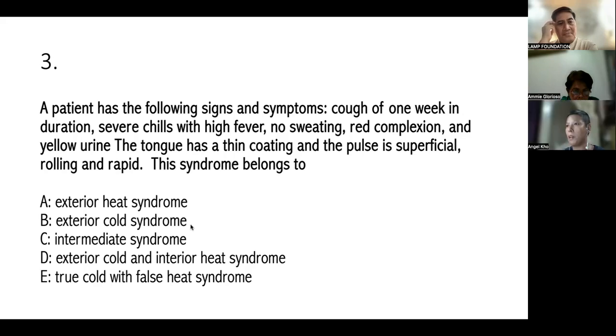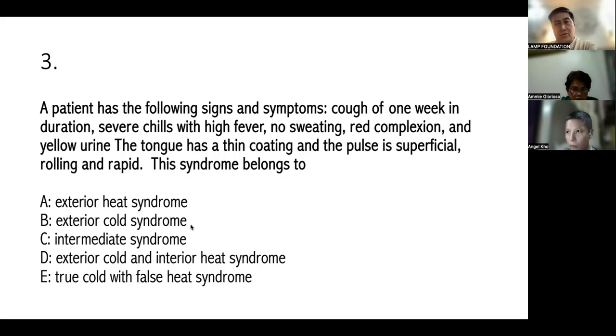These syndromes belong to, bali ito na po, Doc, no? May exterior cold and interior heat syndrome na pong nangyari. Kasi meron po siyang pre-existing na interior syndrome. So your answer is? Letter D po, Doc. Exterior cold and interior heat syndrome po.